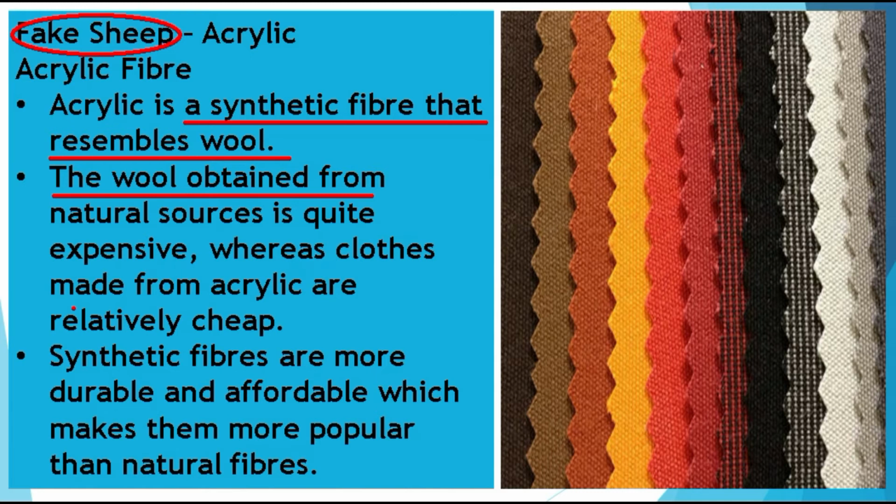And students, the other reason why acrylic is mostly used is because it is available in a number of colors and is more durable and affordable than natural wool. And students, acrylic clothing is easier to store than woolen clothes, because woolen clothes need naphthalene balls to protect them from attack by insects, whereas acrylic is synthetic wool and is hence resistant to the action of moths and other kinds of insects.